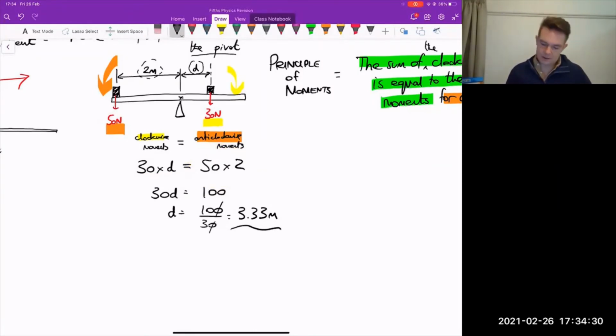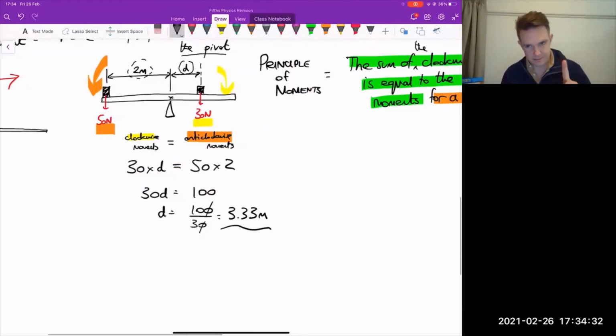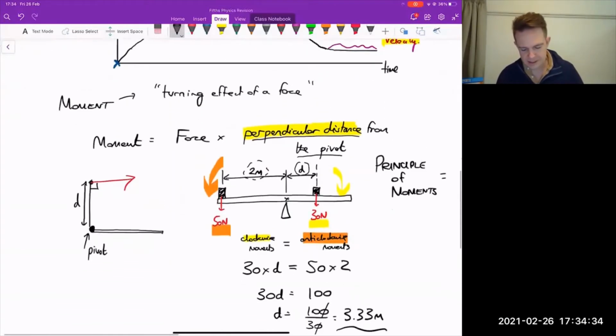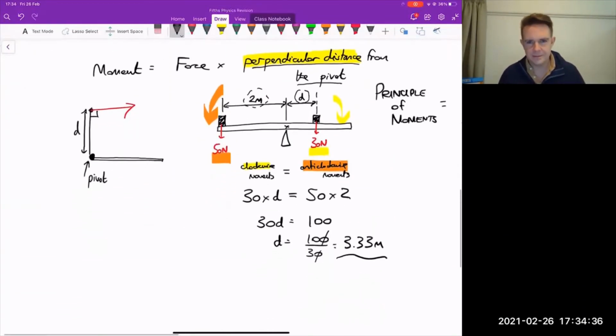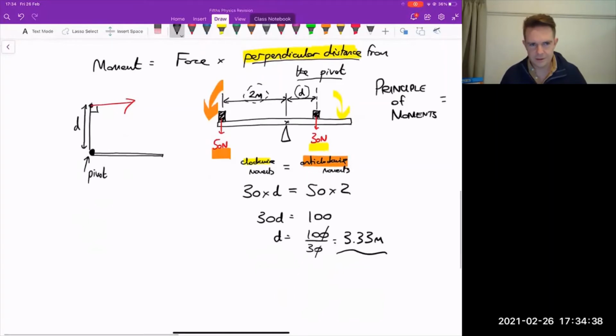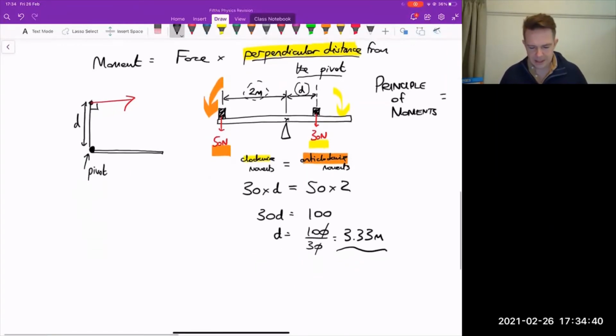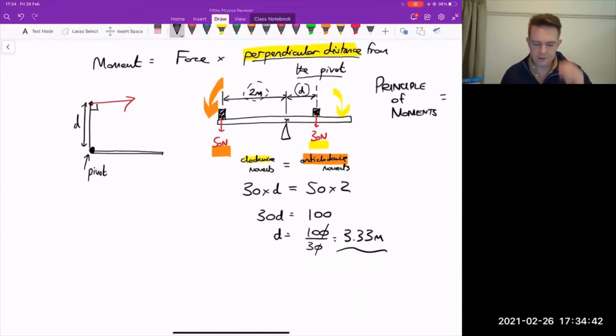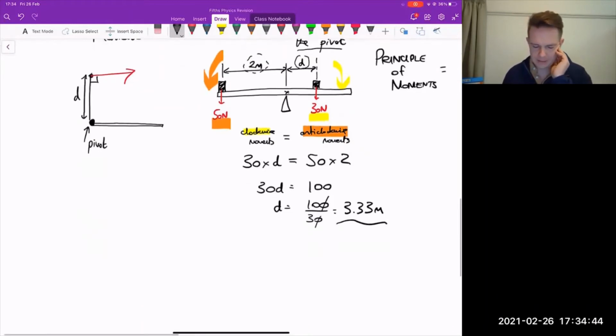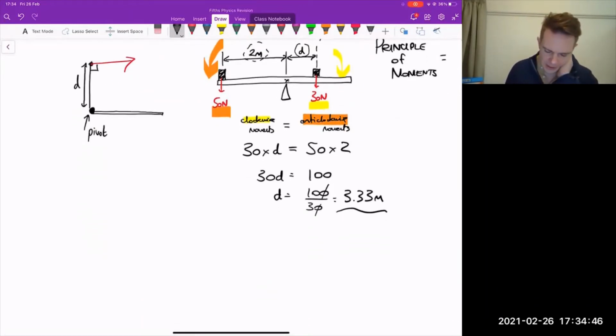Let me just go back to this, because this is something that is asked about and can cause confusion: perpendicular distance. Let me give you a different example. Let's use a spanner.